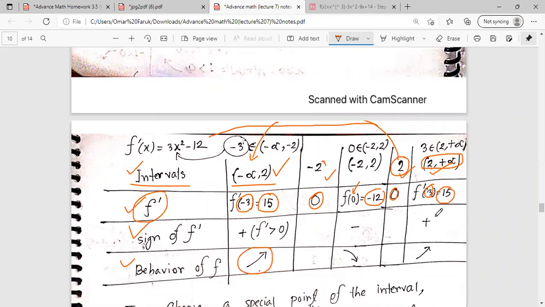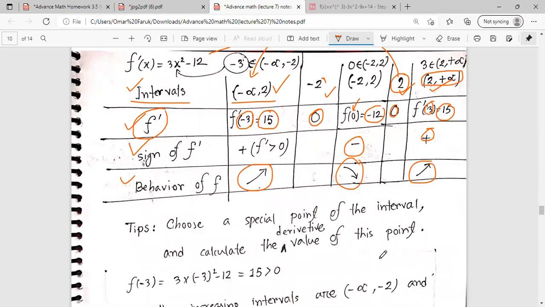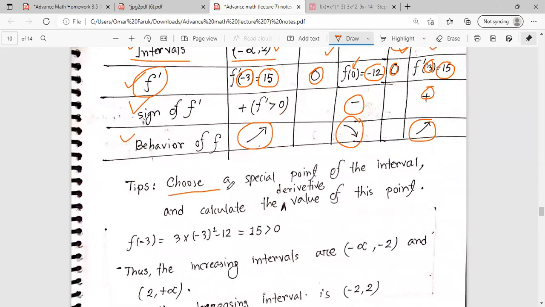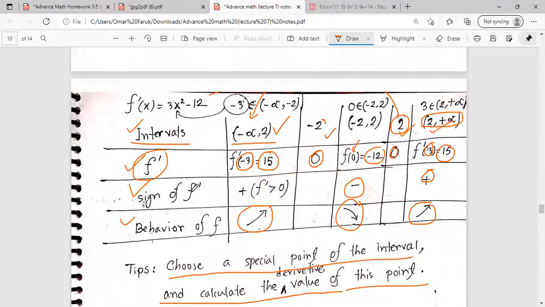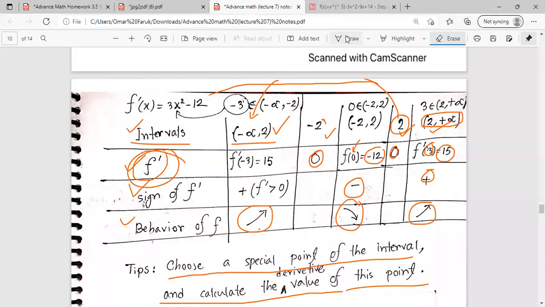If it is a positive number, then the function is increasing, and if this is a negative number, then the function is decreasing. Choose a special point of the interval and calculate the derivative value at this point. This is called the derivative value. f prime of 3 is called a derivative value. f prime of 0 is called a derivative value.